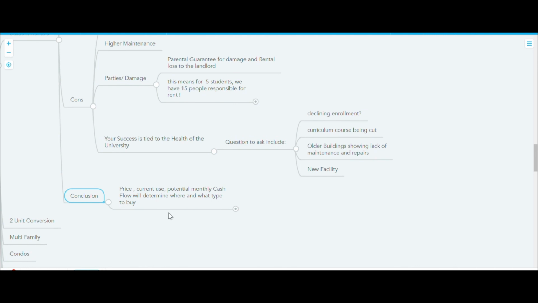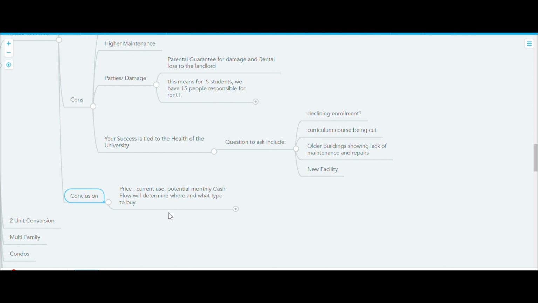So my conclusion, okay, student rentals, right? Whether to invest in student rental or not really depends on the price, how much you're buying at, the current use, whether it's a turnkey student rental where the tenants are already filled, or it's a vacant unit but the rooms are already set up so you can fill your own, or if it's a single family home that you need to go through the conversion to convert into a student rental, right? And compare that against your monthly cash flow.